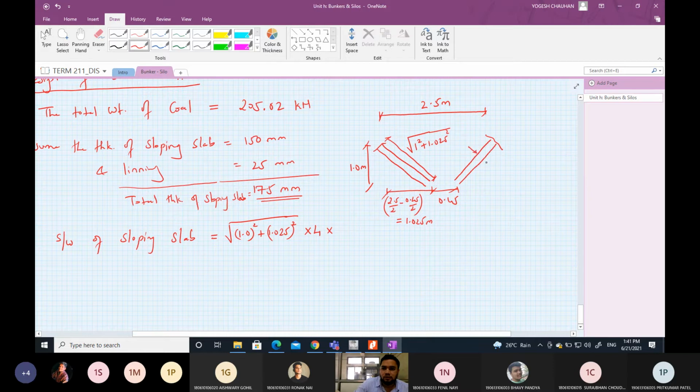This wall thickness is 175 mm, so multiply by 0.175. Okay. Multiply by the density of the concrete, multiply by 25.